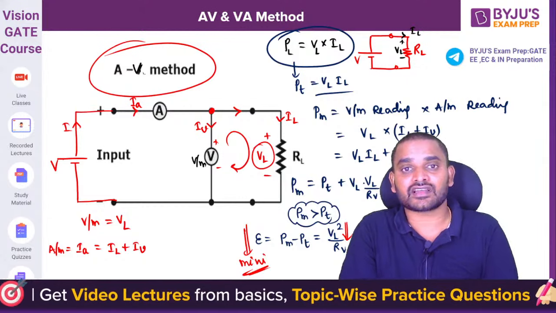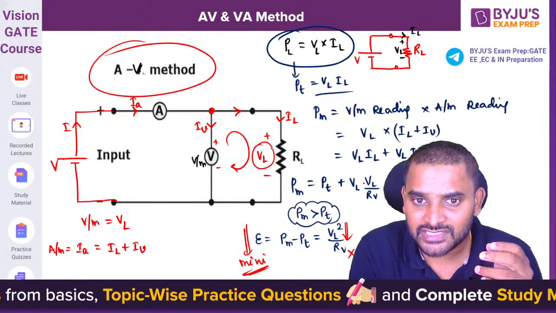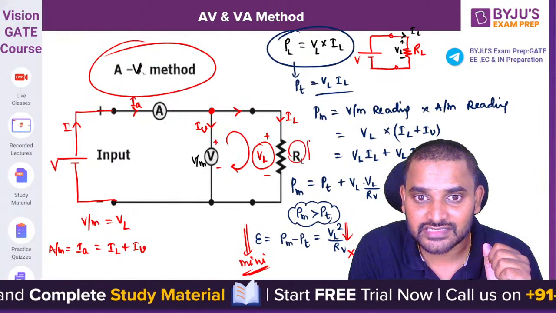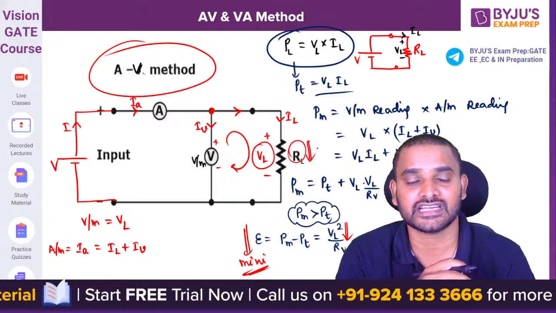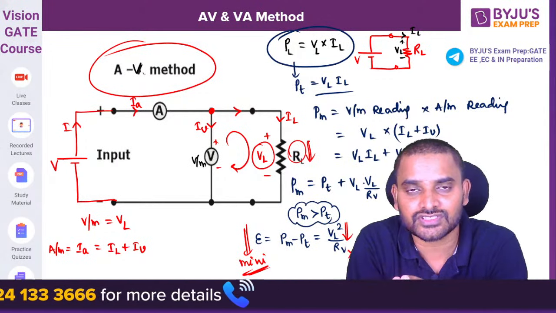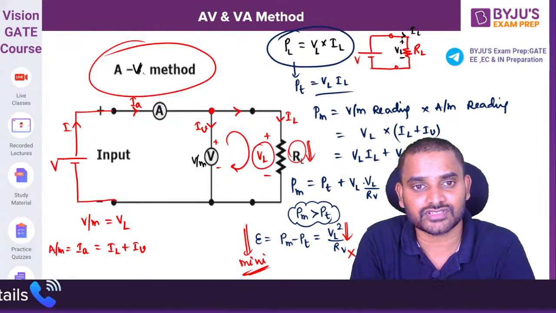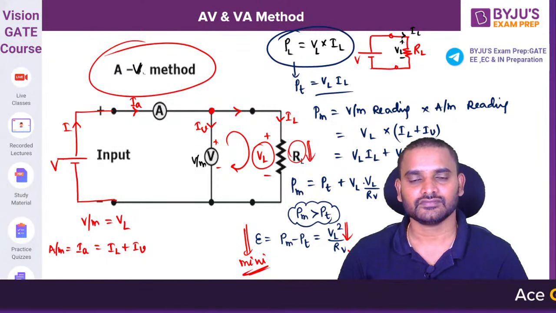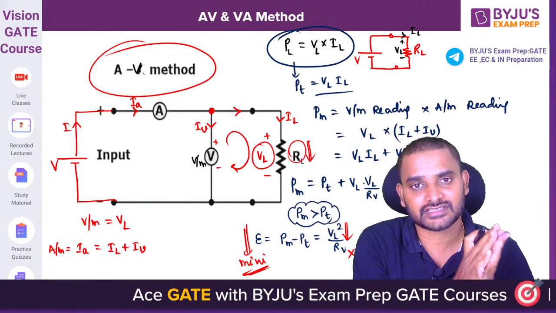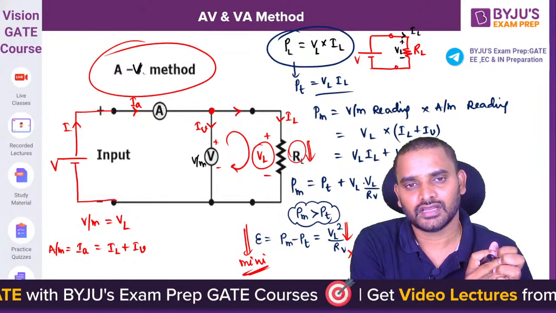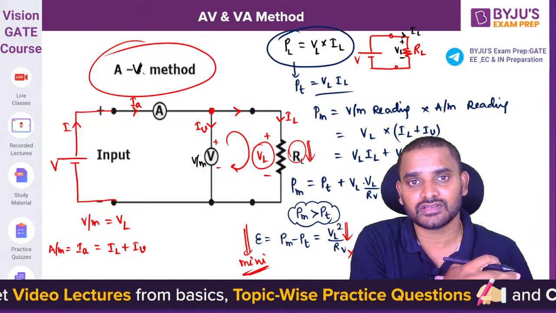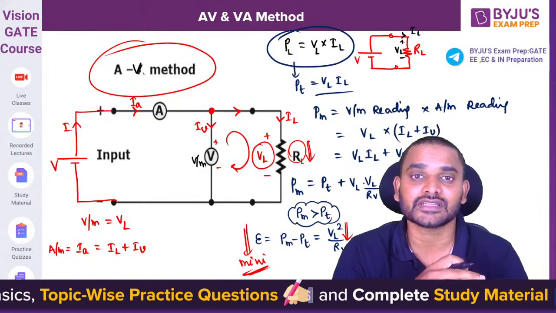How will you minimize the voltage across the load? It is better to minimize the load resistance. That is, do not use high resistive loads. Use low resistive loads. The AV method is best suited for low resistive load measurements, because the power consumption in low resistive loads is suitable for the AV method.